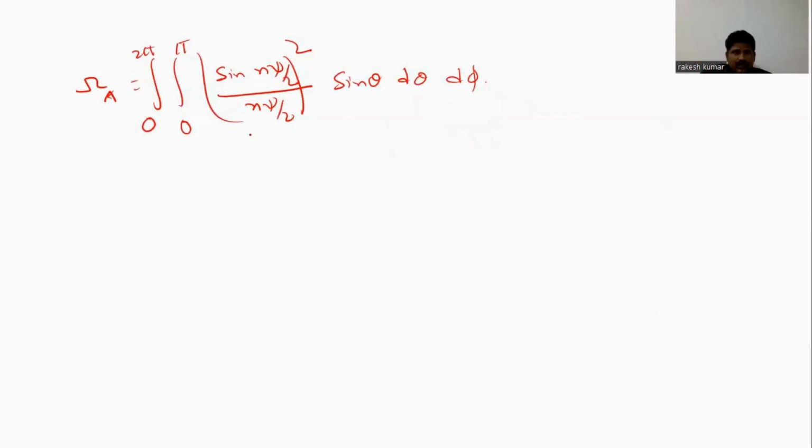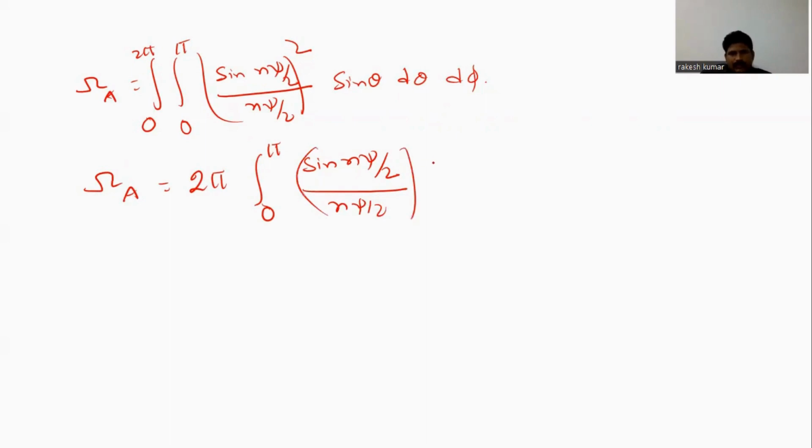Here no phi component is there, so I can bring it out. So 2 pi into the integration from 0 to pi of sine n psi by 2 over n psi by 2, whole square, into sine theta into d theta.